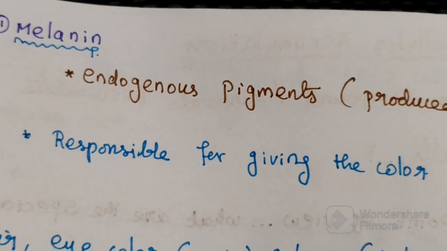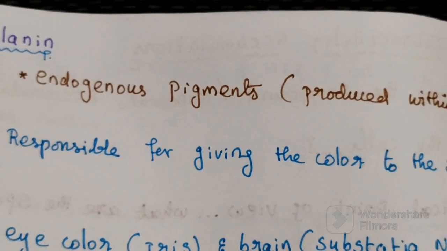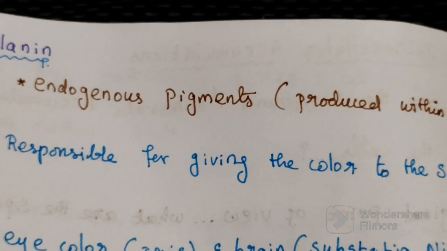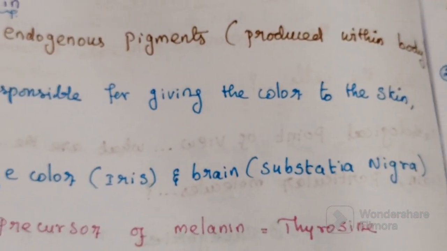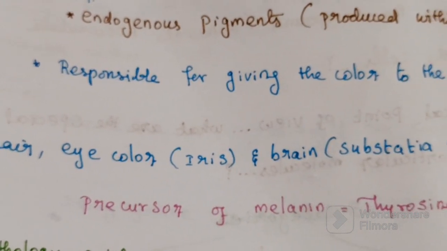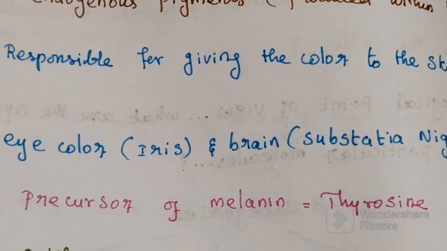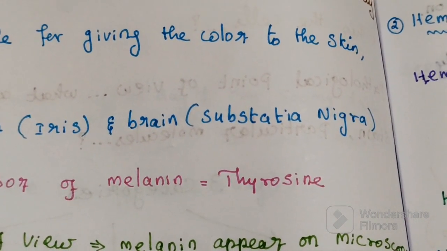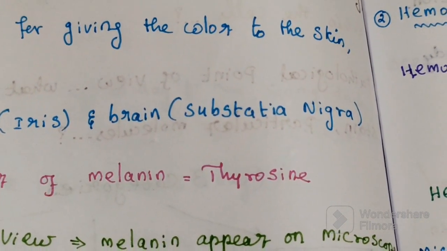So first and foremost, melanin. It is an endogenous pigment. It is produced within the body. It does not enter from outside. It is responsible for giving color to the skin, hair, and eyes, that is the iris, and it is also in the brain, where melanin is present in the substantia nigra.